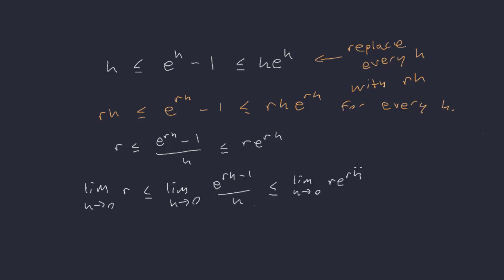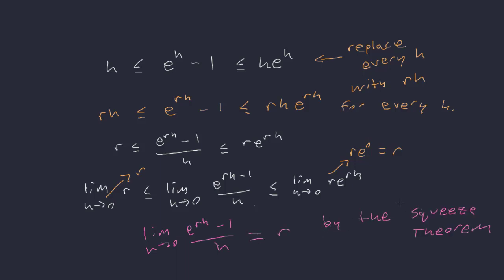The limit as h goes to 0 of r, well, there's no h here, so this is just going to go to r. Then the limit as h goes to 0 of r e to the rh is going to go to r e to the 0, which is r. So this means that the limit as h goes to 0 of e to the rh minus 1 all over h is equal to r by the squeeze theorem.